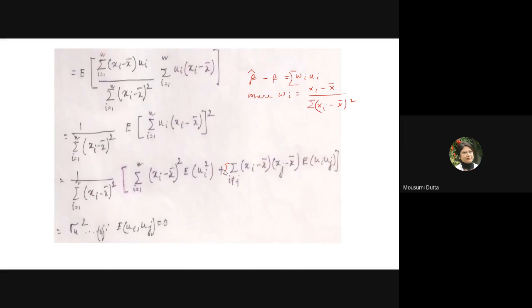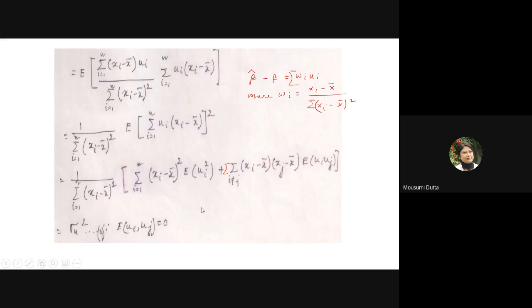Whatever be the case, this expectation of ui uj is equal to 0 by the assumption of non-autocorrelation, and this expectation of ui square is equal to sigma square. So this reduces to sigma square into summation (xi minus x bar) whole square divided by summation (xi minus x bar) whole square, which is simply sigma u square.